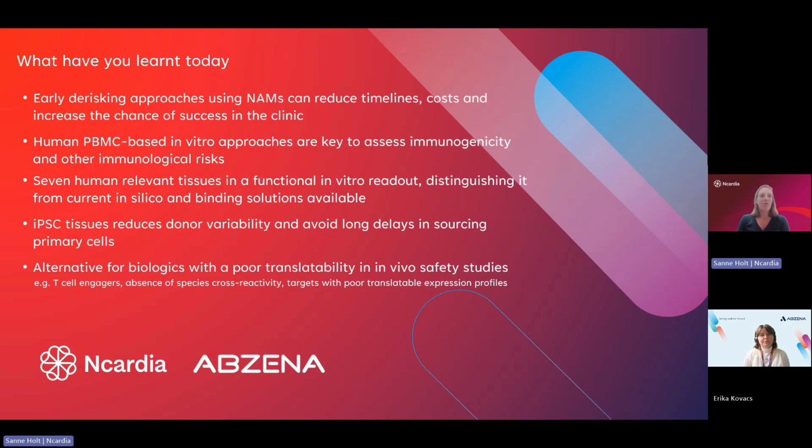And iPSC tissues really reduce the donor variability and avoid long delays in sourcing primary cells, and also add a real aspect of human physiologically relevant results. We feel that overall these solutions are very good for alternative biologics with poor translatability to in vivo, and also fitting the NAM guidelines that are currently being set by a lot of the regulators.